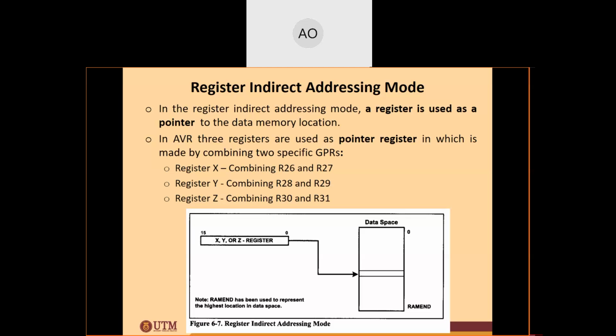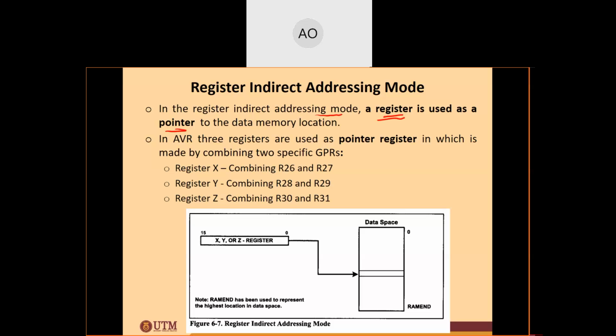In the register indirect addressing mode, a register is used as a pointer to the data memory location. It means that you use another register to point to the address of the location inside your data memory.